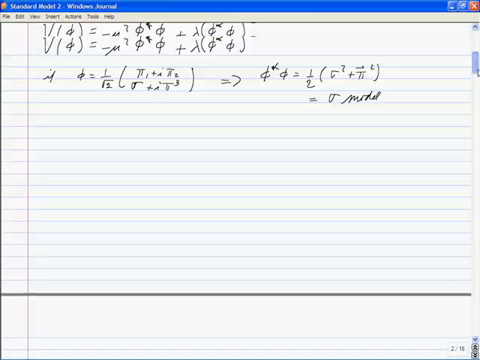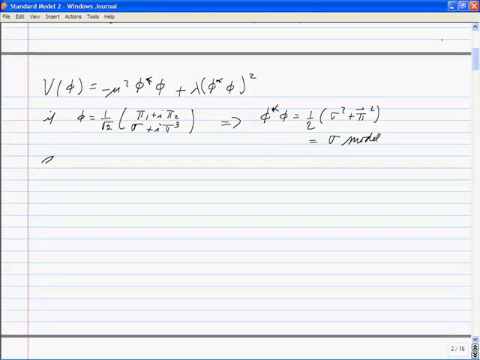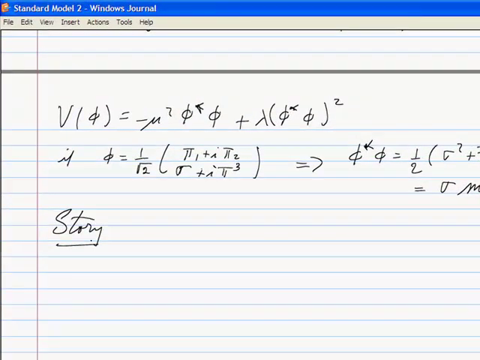Okay, so symmetry breaking, then we know the story. The story is there's a minimum at phi equals 1 over the square root of 2 times (0, v), so it's the sigma direction. It really could be chosen in any direction. They're all equivalent, but that's the one that we know and love.